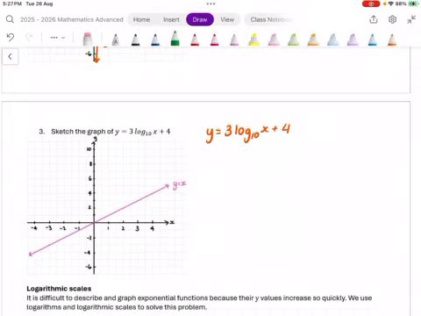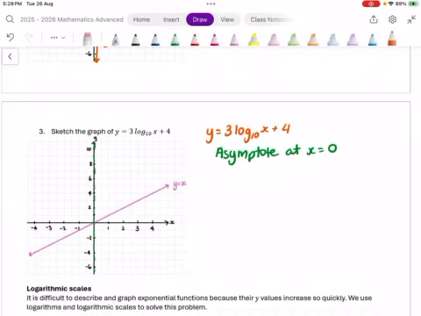If I try in my calculator 3 log base 10 of 0 plus 4, I still get an asymptote at x equals 0. So I still have the asymptote on my y-axis and my function is to the right of my y-axis.